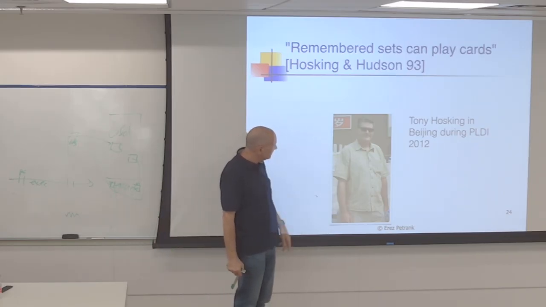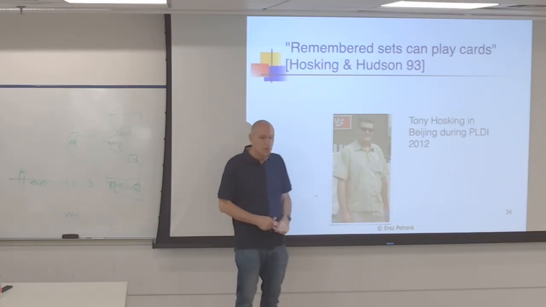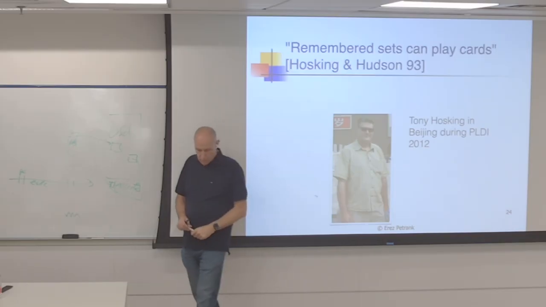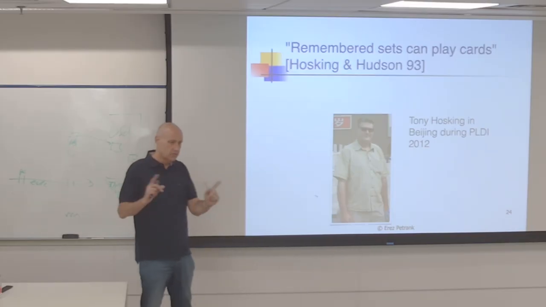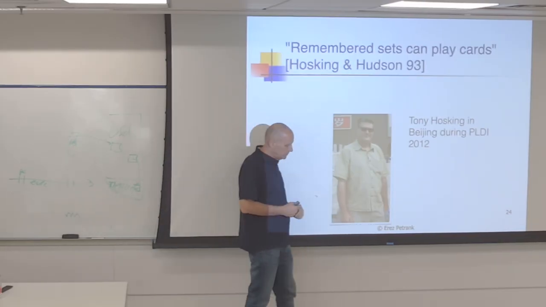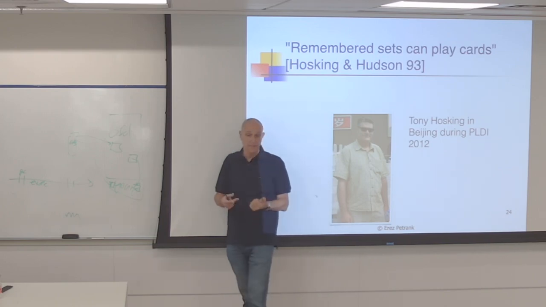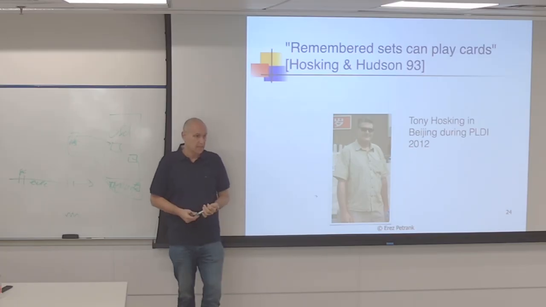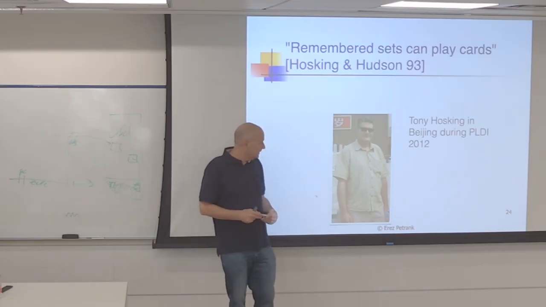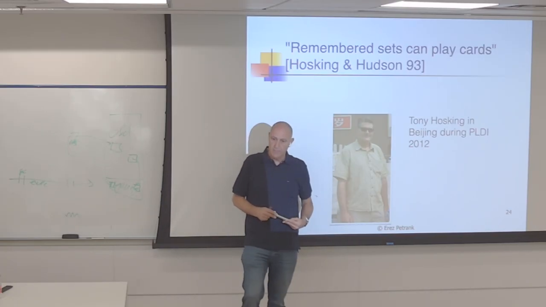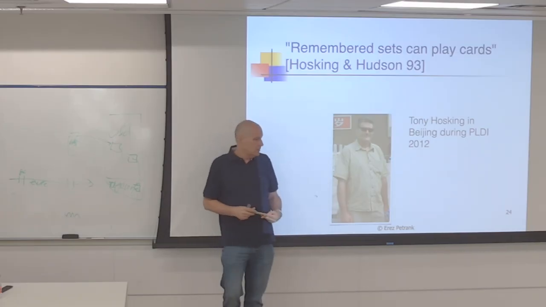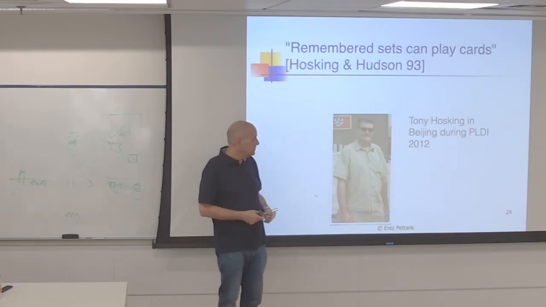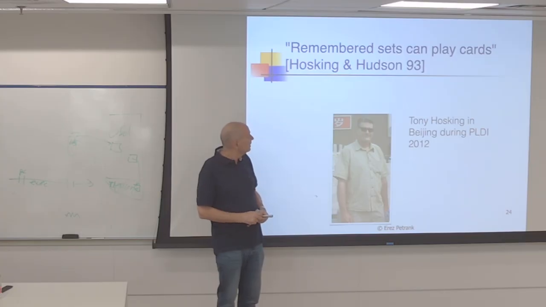And this is Tony Hosking in Beijing in 2012. He was born and raised in New Zealand and Australia. He did his undergraduate degree in New Zealand, and then he came to the US to do a PhD, and there he did all this work with Elliot Moss.